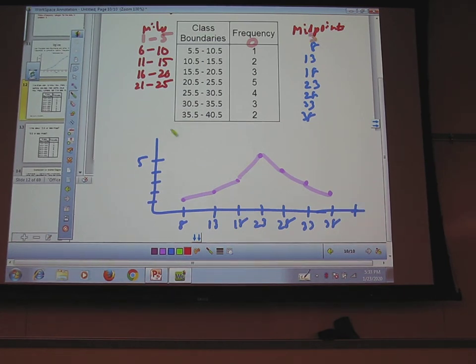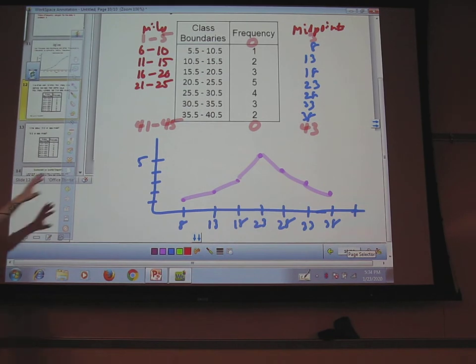And I can make a class after it. So that would be 41 to 45. It would also have 0 in it. And the midpoint, 38 plus 5, 43. I just added a class width.